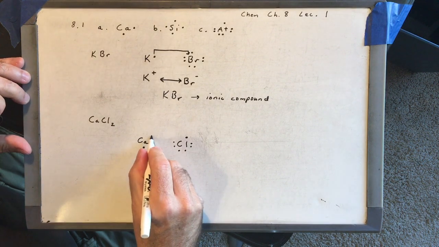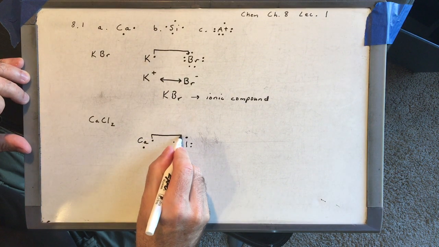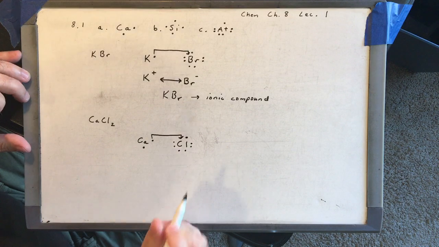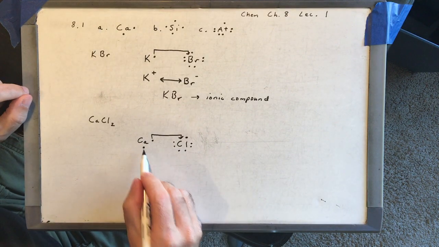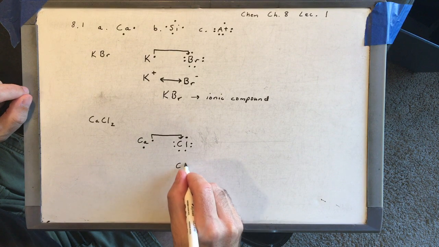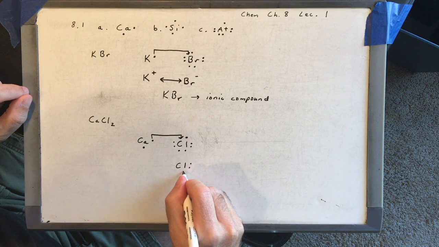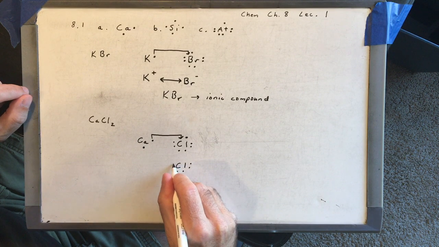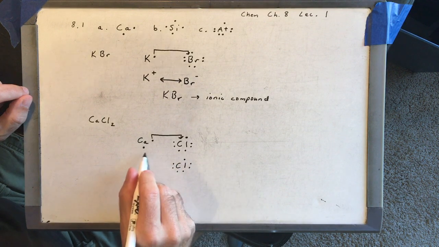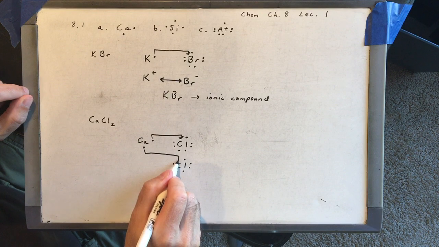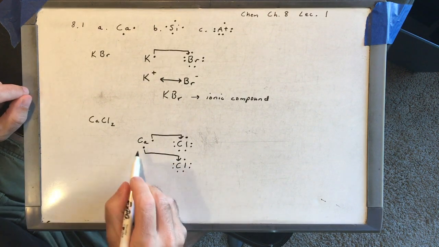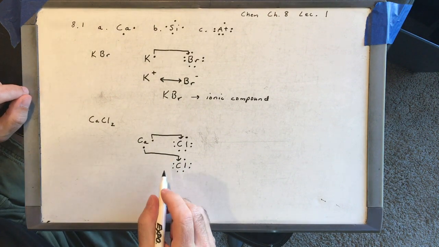So calcium can give up 1 of its valence electrons to a singular chlorine, but what about this one? Well, we need a second chlorine. If we can get a second chlorine, and they are always available, then calcium can give its second electron up.